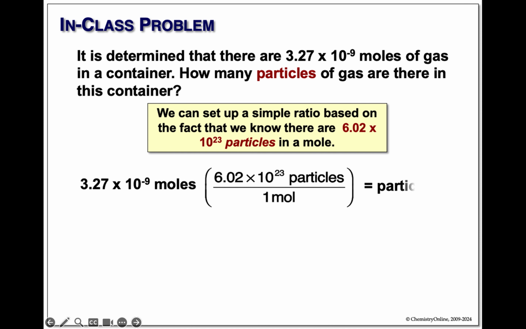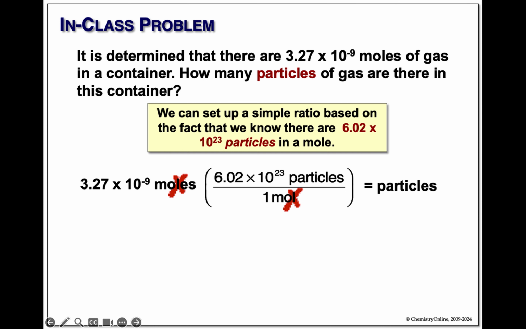Moles will cancel, and we get particles. Now, let me point out, I have deliberately spelled moles out here, M-O-L-E-S, and used the abbreviation M-O-L. They're all the same. M-O-L-E, M-O-L-E-S, M-O-L, same thing.